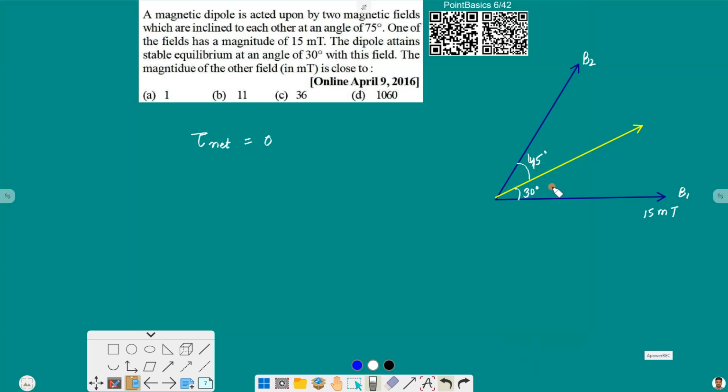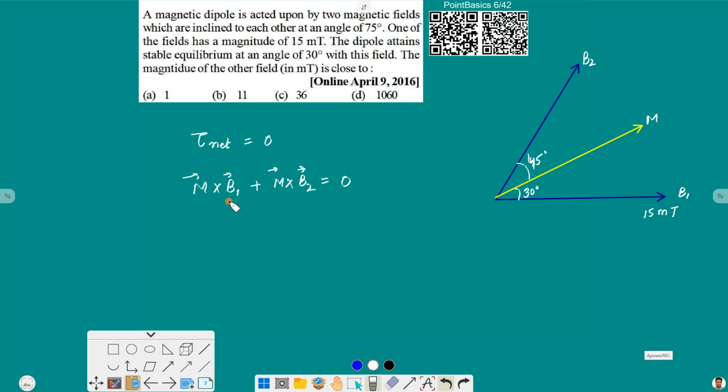So let us write down the net value of net torque, and this is suppose M. So our net torque will be M cross B1 plus M cross B2, and for equilibrium this has to be 0.